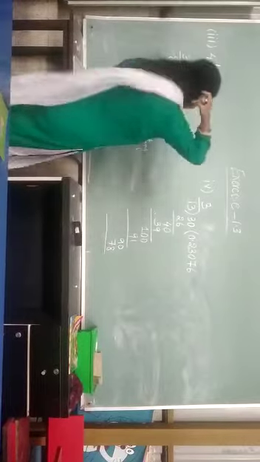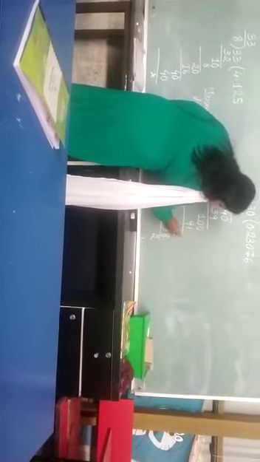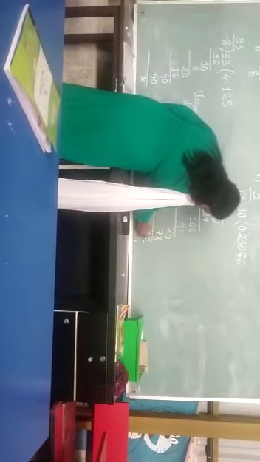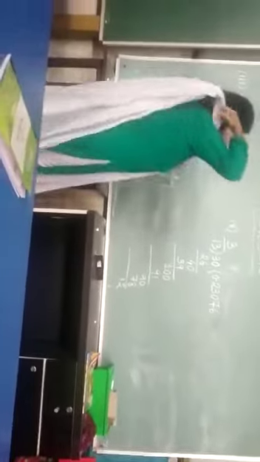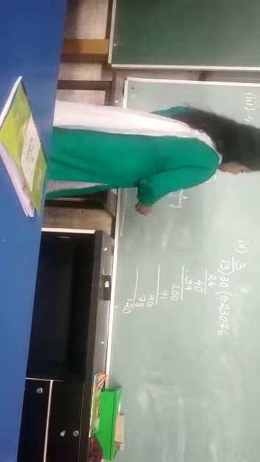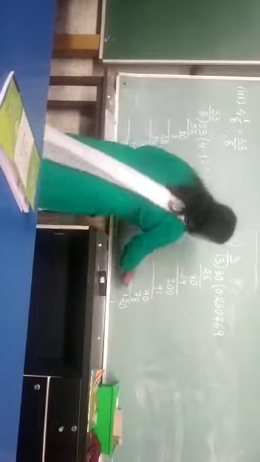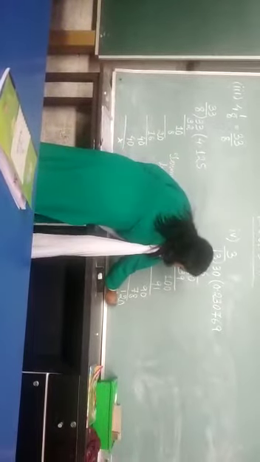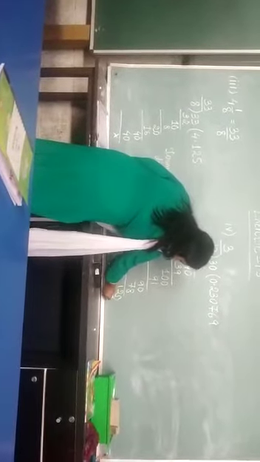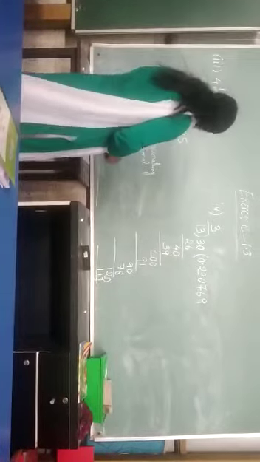So 90 minus 78 is 12. Again I take a 0 here and then it is 120. 13 9s are 117. So how much is the remainder? It's 3, right? The remainder is 3.